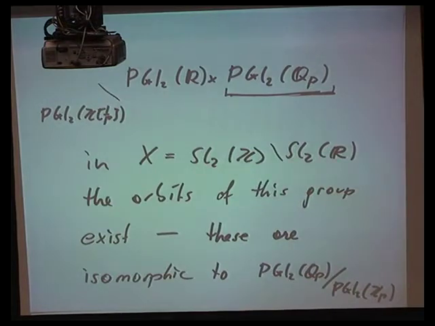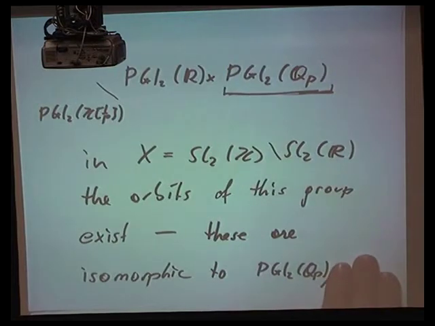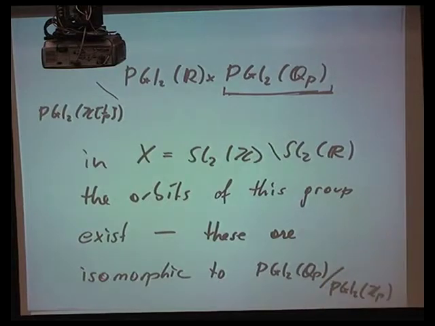So the analog of this thing would be PGL2 of R mod SO2, which is the hyperbolic plane. So this is the periodic analog of the hyperbolic plane, and this is sort of the periodic analog of the unit tangent bundle of the hyperbolic plane in some sense.